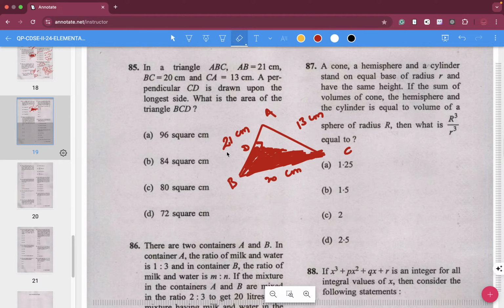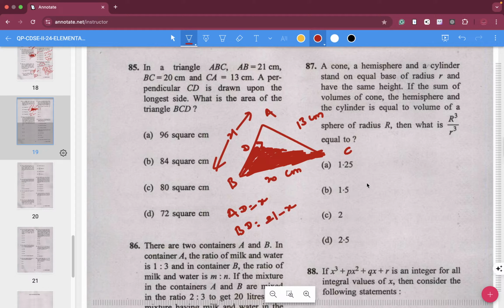So if I assume this entire value is 21, and the value of AD is equal to x, then automatically the value of BD will be 21 minus x.